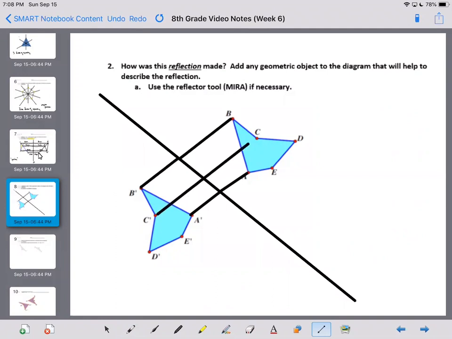C to C prime from the line we'll call L to D should be the same distance as the line to D prime, as well as the line from E to E prime should be the same. So you could use a measuring tool to measure just the distances from the reflection line.